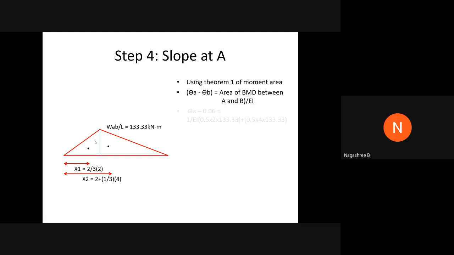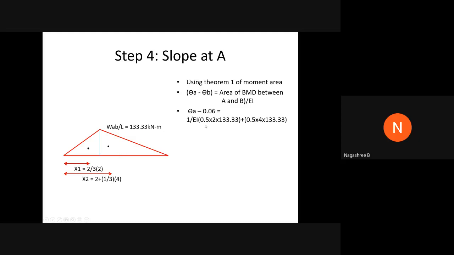Here, theta A I need to determine, which is unknown, and theta B I have got as 0.06 from the previous slide. Now I need to equate this to the area of the bending moment diagram between A and B. Here, as you all know, there are two triangles: one with span equal to 2 meters and another with span equal to 4 meters.